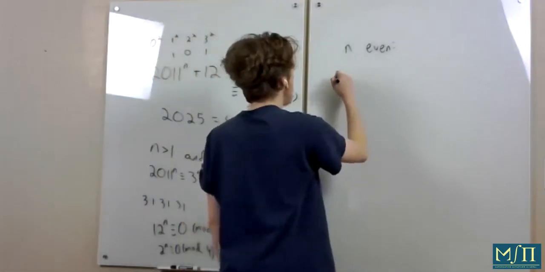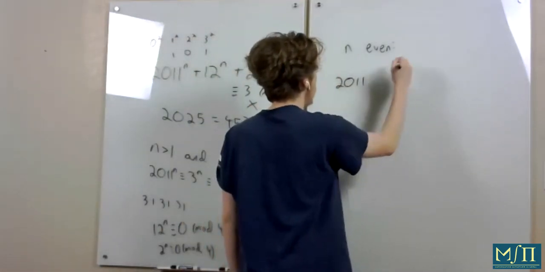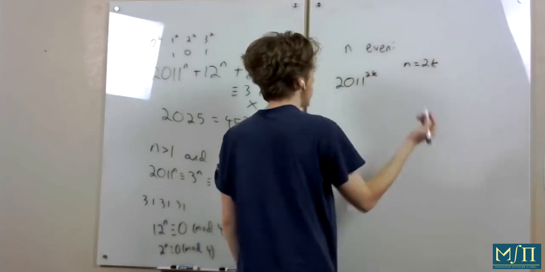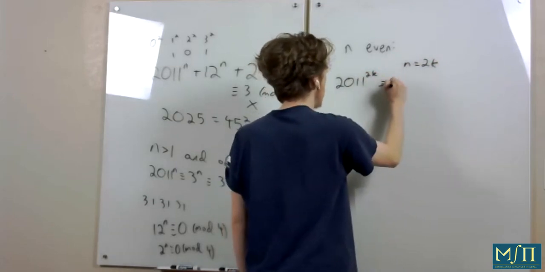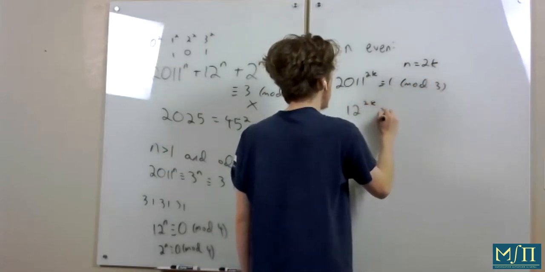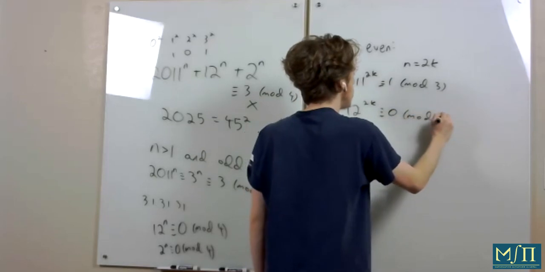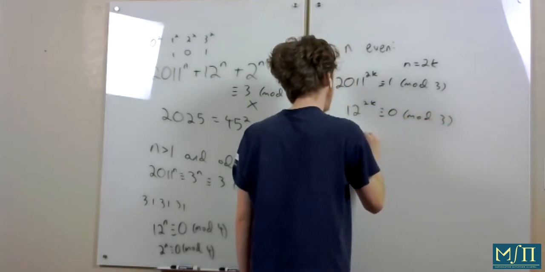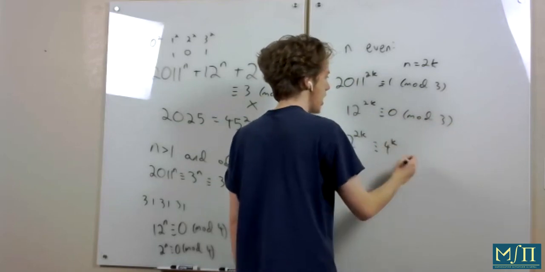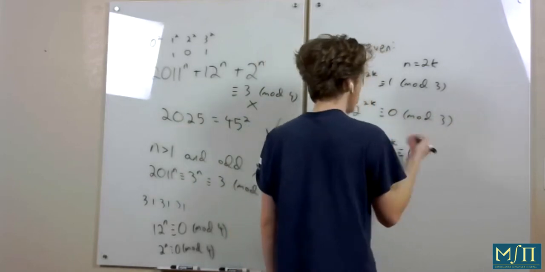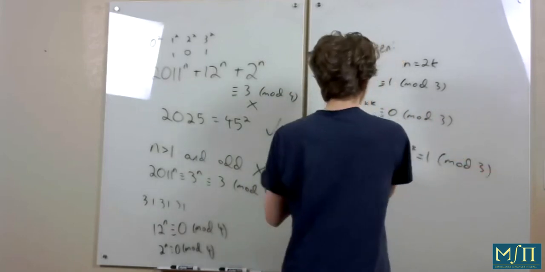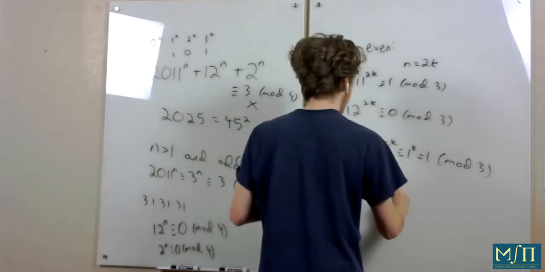Just let n equal 2k, say. 2011 to the 2k, 2011 is congruent to 1 mod 3, so this is 1 mod 3. 12 is divisible by 3, so again, this will be 0 mod 3. And then 2 to the 2k is 4 to the k, and since 4 is congruent to 1 mod 3, that's 1 to the k, so that's 1 mod 3. And so this number would be 2 mod 3 in the sum.